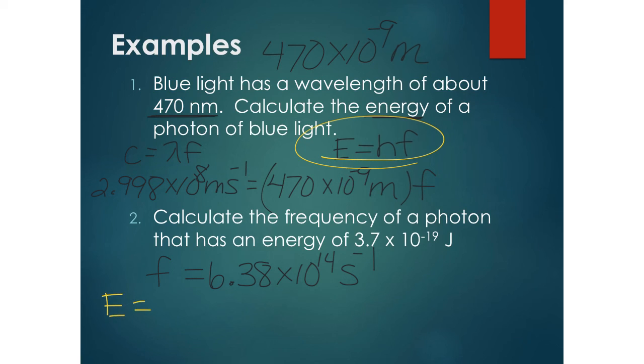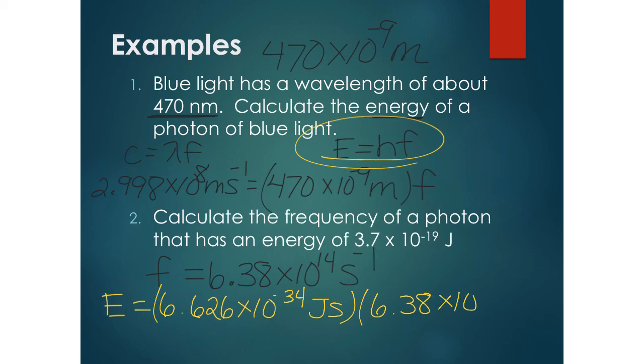So energy is equal to h, which is Planck's constant, on our reference table, 6.626 times 10 to the negative 34th joule seconds. Then we multiply by the frequency that we just found.